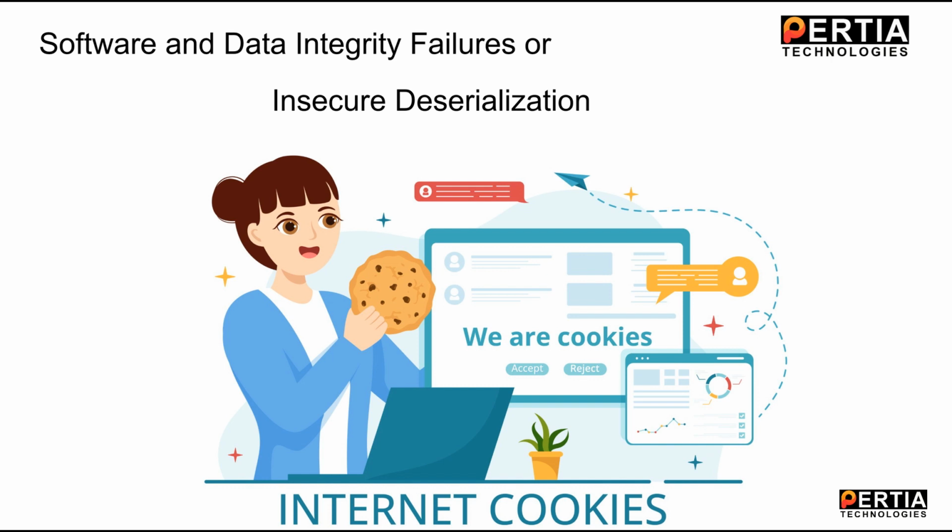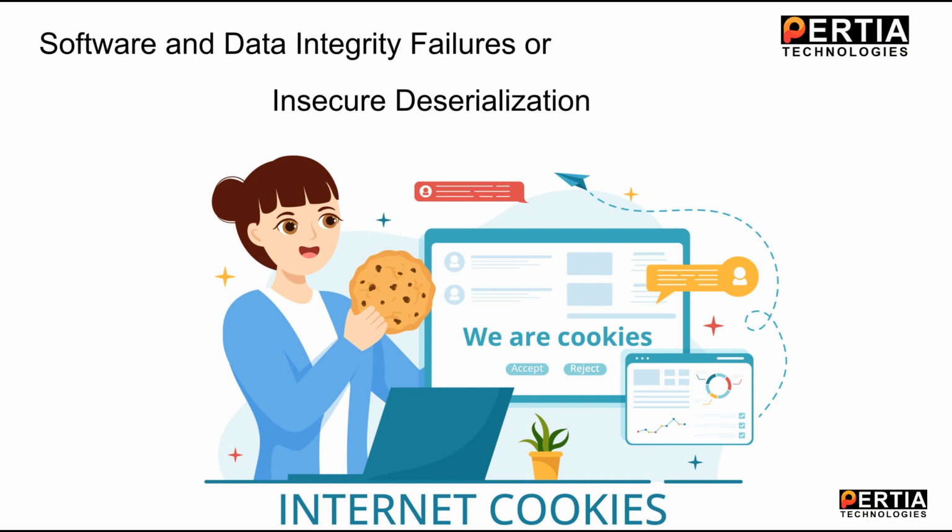Let us understand this in more detail now. Imagine you have an online pizza ordering system. This system uses cookies to remember your favorite pizza toppings and customize your experience. The server stores your preferences in a cookie and sends it back to the browser for future visits.